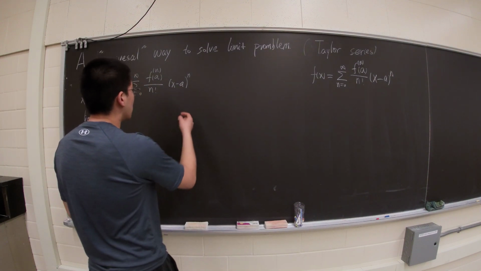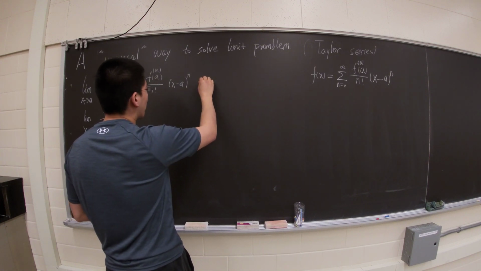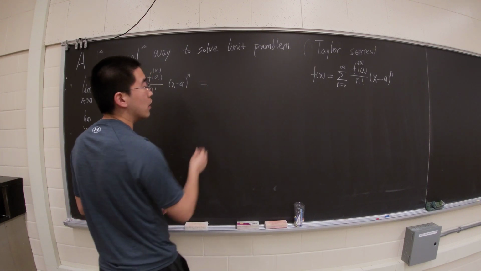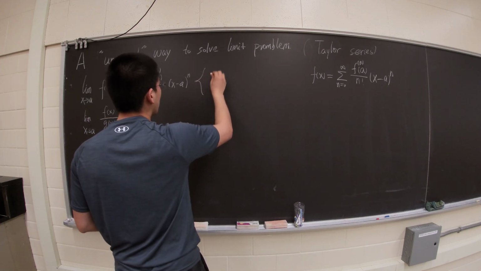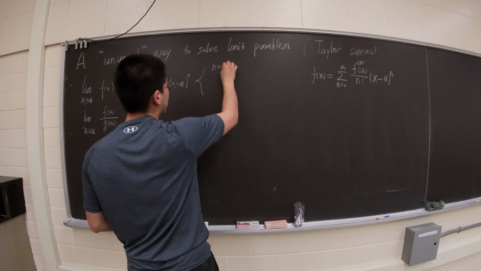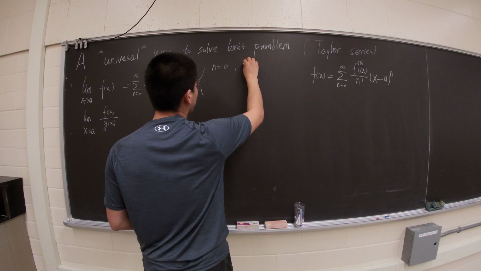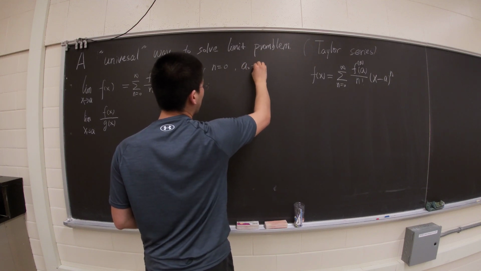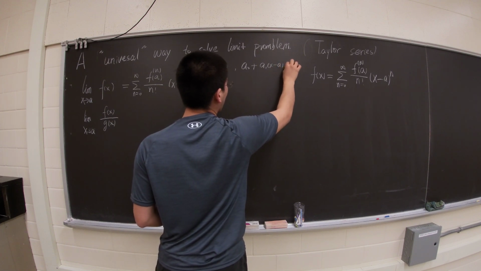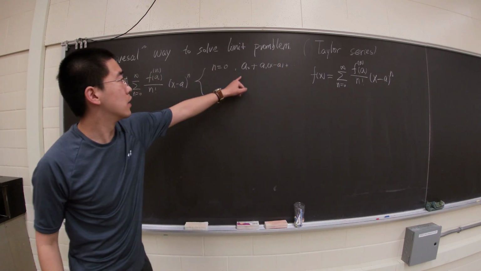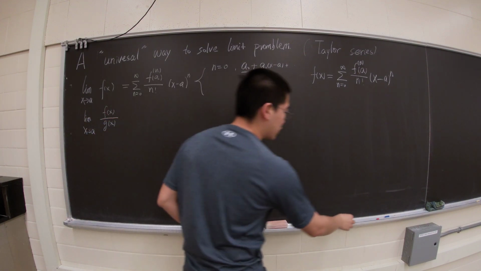So if we actually have an n equals 0 term, it has a finite number, then that is your limit.